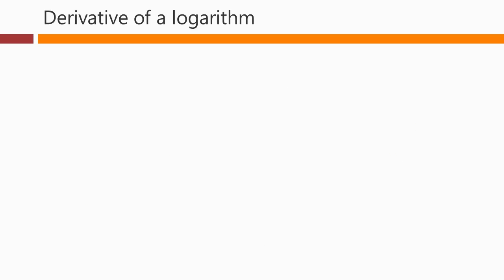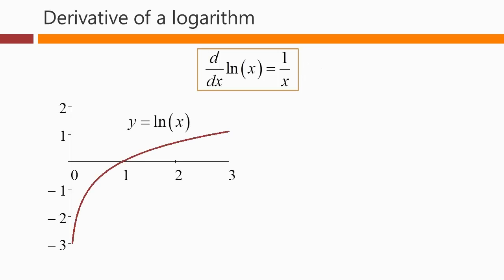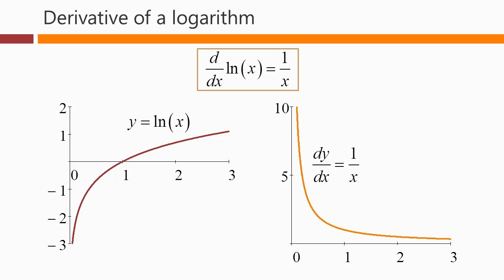The derivative of the logarithm is also a very important derivative to know. The derivative of the natural logarithm of x is 1 over x. Again, this is a reason why we like to work with natural logarithms. Any other logarithm in here will have some constant on the right involved with it. So here is, again, plotted the function y equals log of x. And on the right-hand side, we see the derivative.